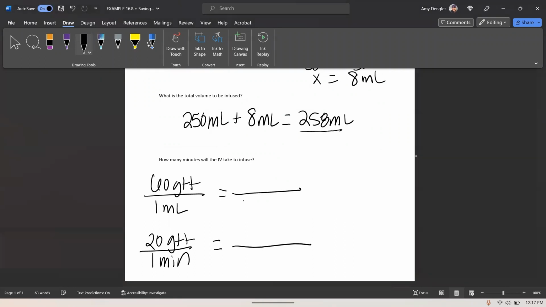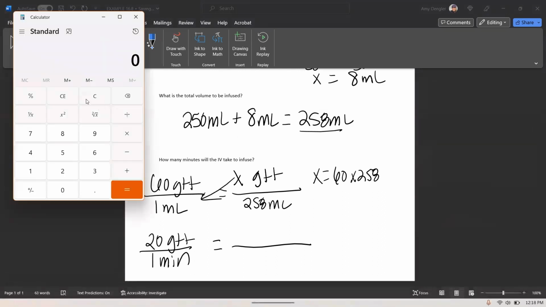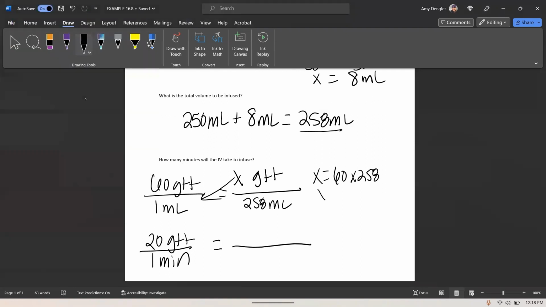So we know we're going to do 258 ml. How many drops is that? So 1x is just x is equal to 60 times 258, which is x is equal to 15,480 drops.